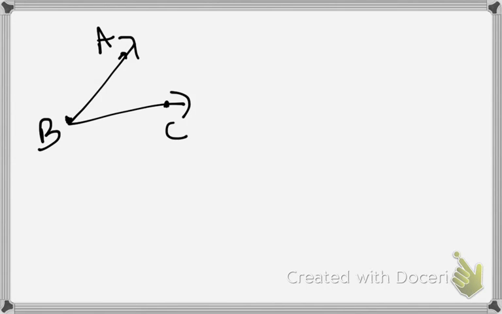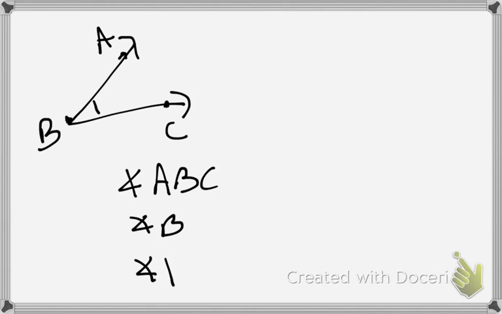Or angle B. Or if there's like 20 angles in the same diagram, which could definitely happen, what we can do also is make life a little bit easier and just stick a number down in the vertex. And so we can use numbers to name this guy. So we can call this guy angle ABC, angle B, or angle 1. Okay? We'll number the angles. We'll just put a number down in the vertex and use those to name the angles as well.